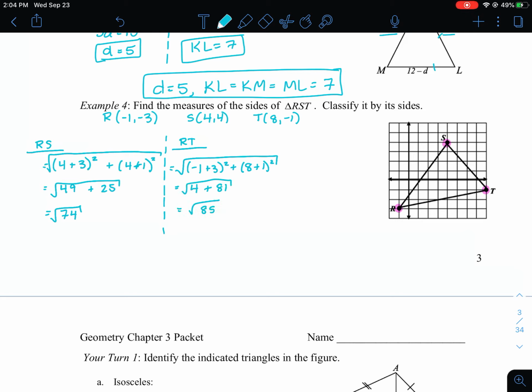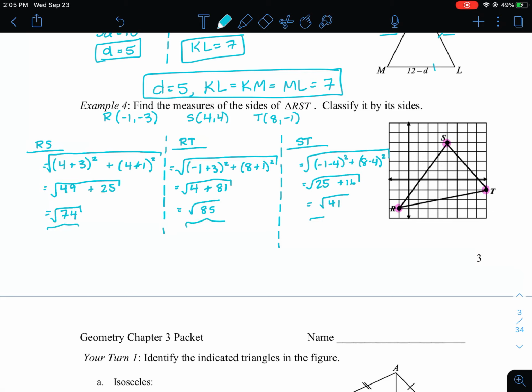So we have the square root of 85. All right, and the last one we need to do is ST. So S to T, we're going to do -1 minus 4 squared plus 8 minus 4 squared. So we get -5 squared, which is 25, and then we get 4 squared, which is 16. So we get the square root of 41.